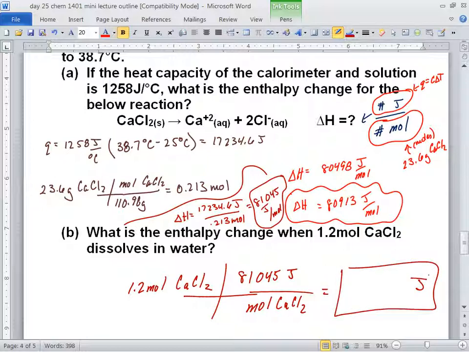All right. About 97,254. So if you get anywhere around 97,000, 98,000, 96,000, you should be good. Just carry more digits.